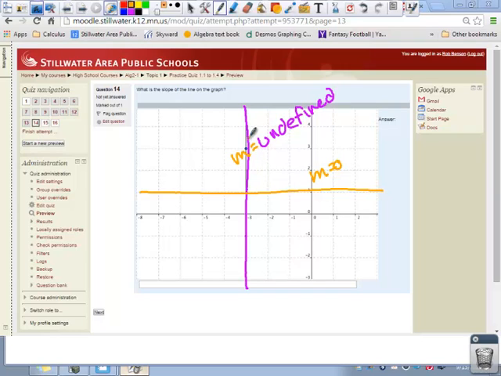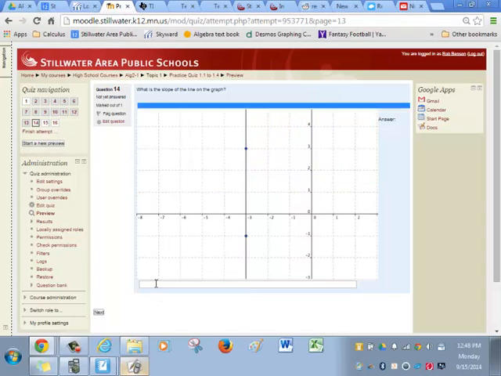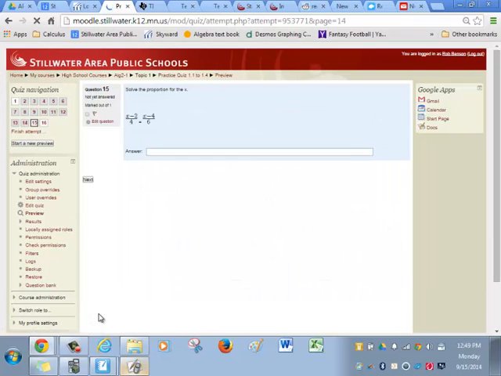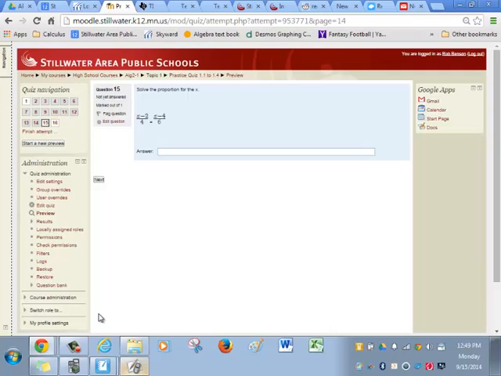So just type in undefined. Now if you spell it wrong, again, the computer will initially mark it wrong. I'll look for it and mark it right. So try to spell undefined right for the test tomorrow. I'm sure we'll have no problems doing that.